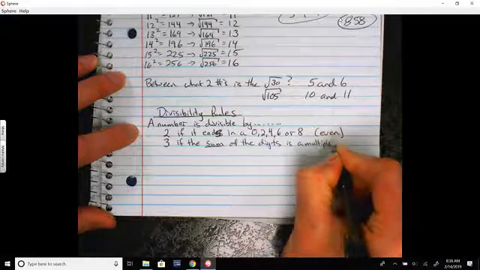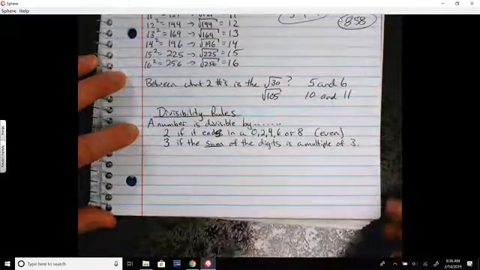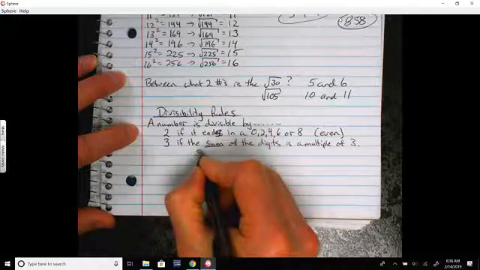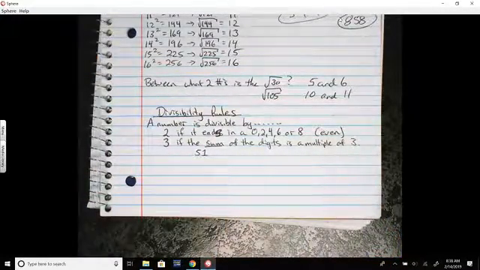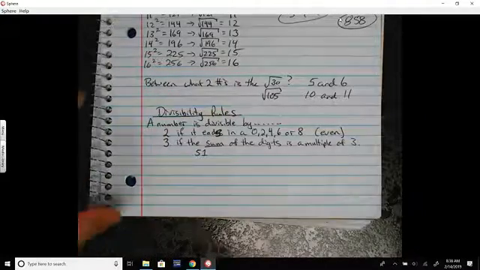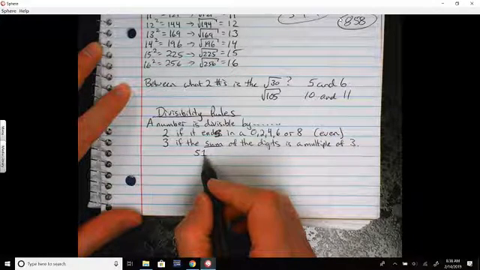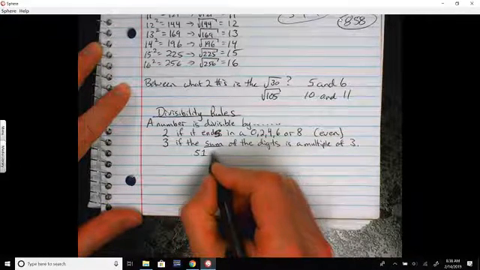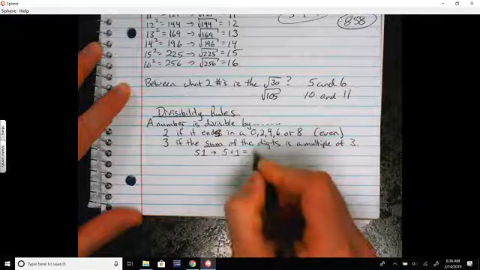So if the sum of the digits is a multiple of 3, we'll use 51 as an example. If you add the digits and you get something that is divisible by 3, then 3 will go into the other number. So if I have 51, I'm going to take 5 plus 1, and what do I get? 6.